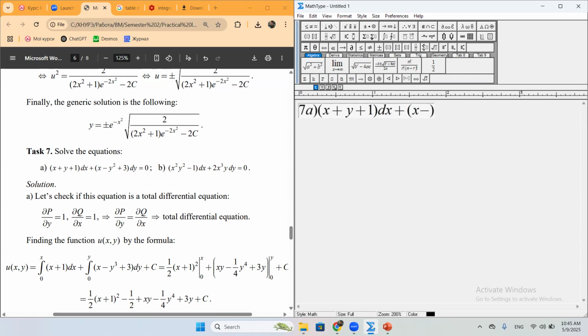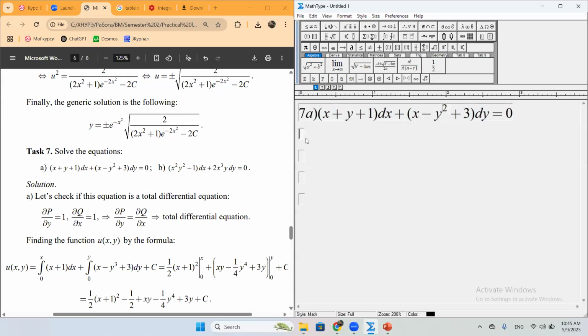So (x minus y squared plus 3) dy equals 0. Let's check if this equation is a total differential equation. We need to check if this expression is a total differential of some function.